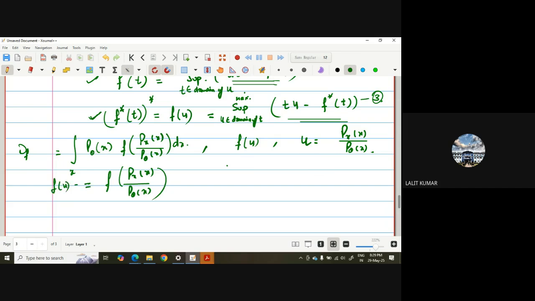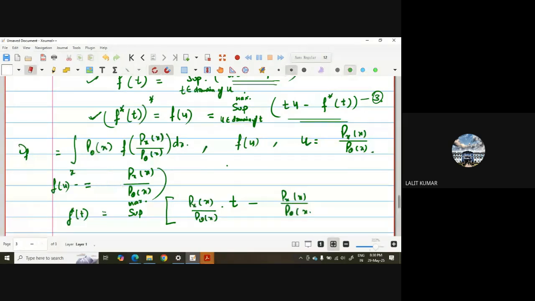Its first conjugate f star t will become sup max of ut, where u is p_X(x) over p theta of x, into t minus the function of u, which is the same p_X(x) over p theta of x. Is this okay? Is the first conjugate okay?